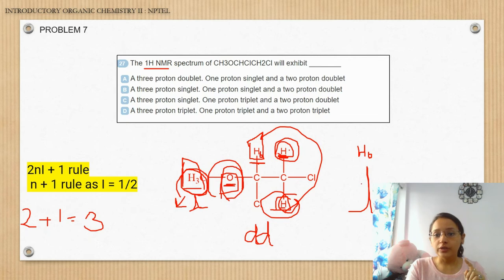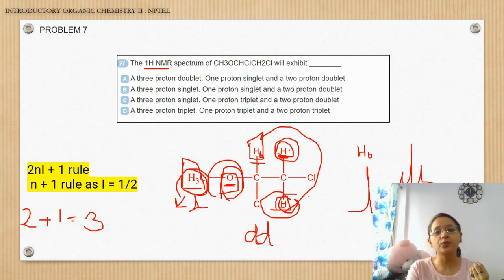So this particular peak of HB is now split into a triplet just because of the protons present in the vicinity of this proton. Because these are two, according to the n plus 1 rule, it is splitting into a triplet, not a doublet. If these are non-equivalent, we can further discuss it in the coming lecture, what the non-equivalent protons are and what the equivalent protons are.